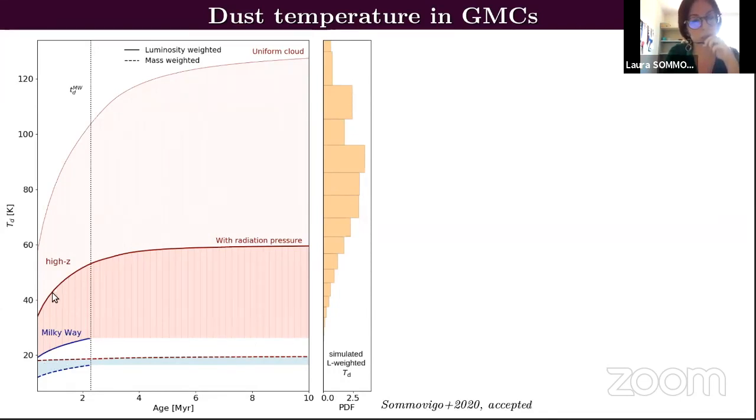Whereas if we consider luminosity weighting, so basically the gas which is mainly contributing to the emission, we have larger temperatures. The one that is mainly contributing to the emission is exactly the warm dust. And we have a dust temperature of around 60 Kelvin for our high redshift cloud when we include radiation pressure, and much larger when the radiation pressure is not included, which is the case, for instance, of the simulations where, for spatial resolution reasons, one cannot include the effect of radiation pressure. I hope I answered.